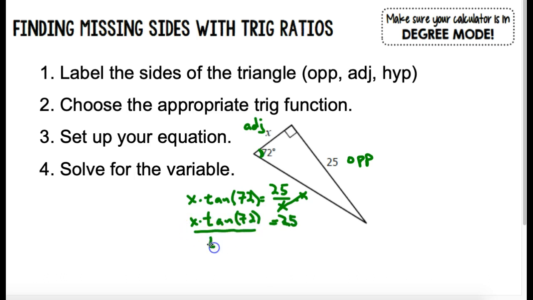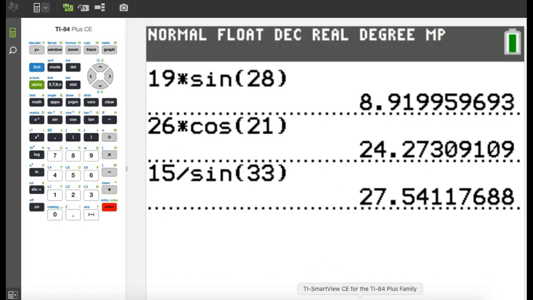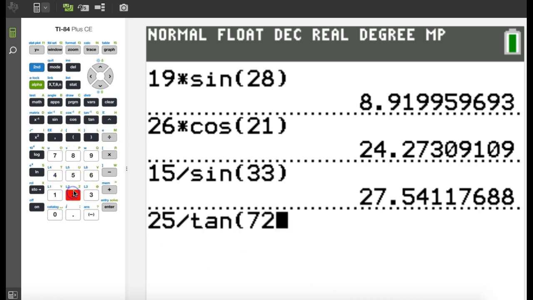So we will end up with x equals 25 divided by the tangent of 72. So we can put that into the calculator. 25 divided by the tangent of 72.